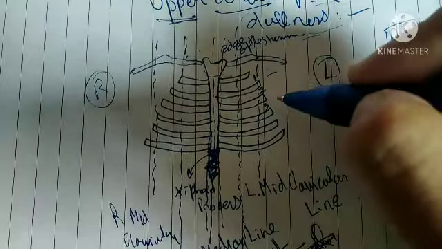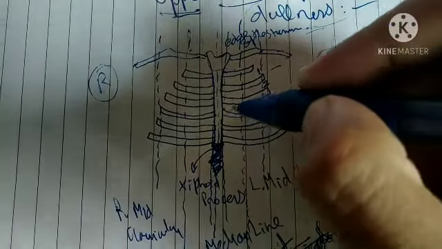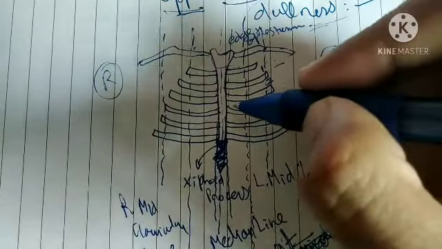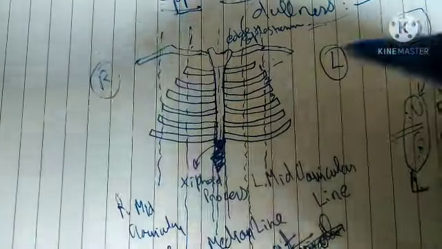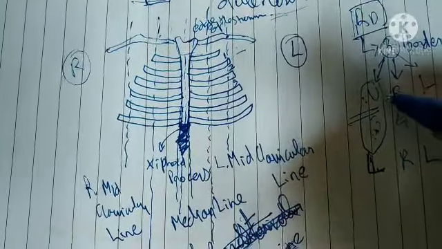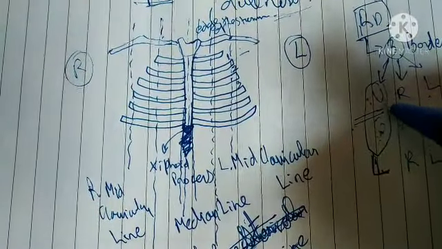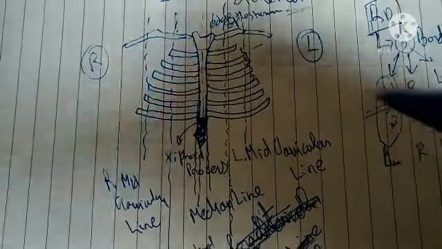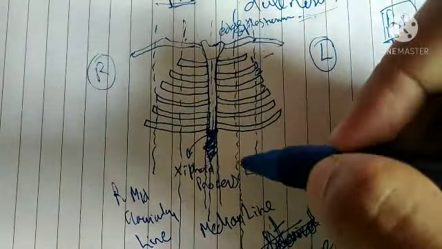Now we need to determine where to place the point of the upper border of relative dullness of the heart. It is located in the 3rd intercostal space on the left side, on this line. What is the name of this line?